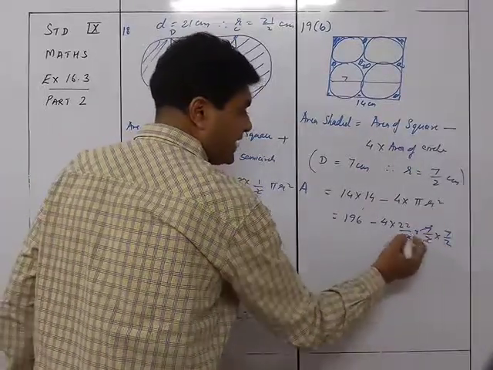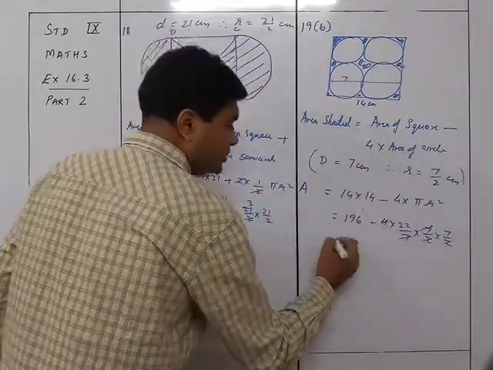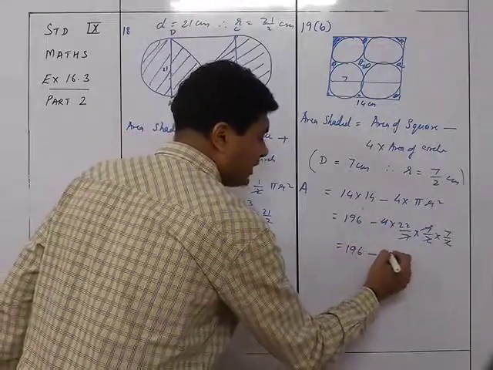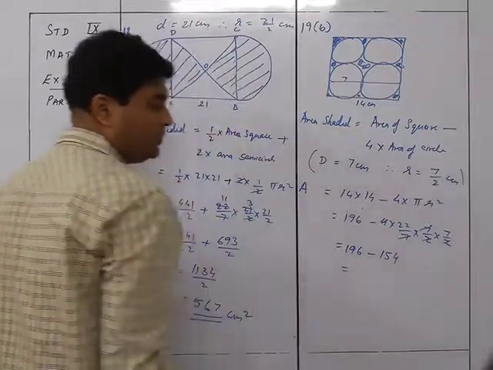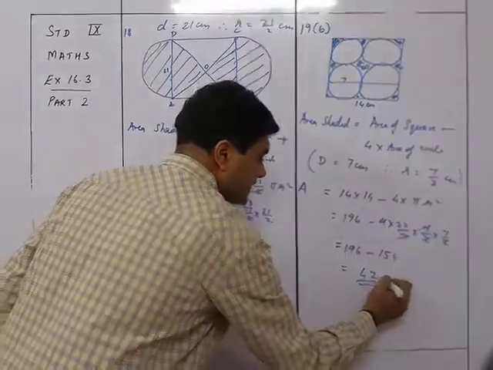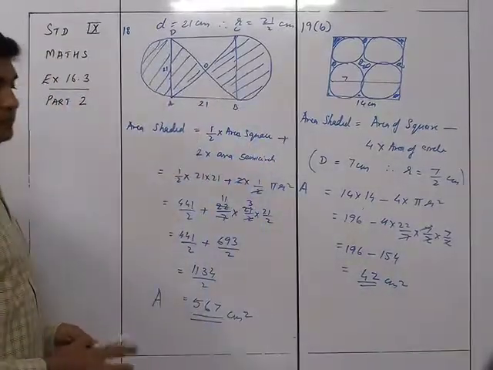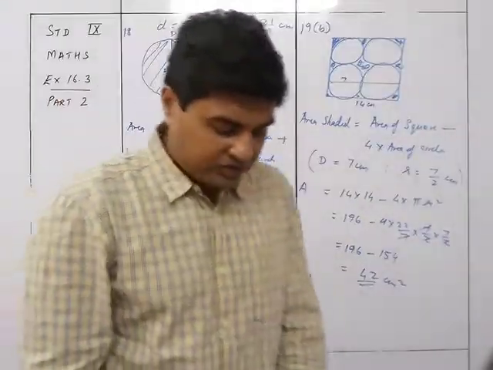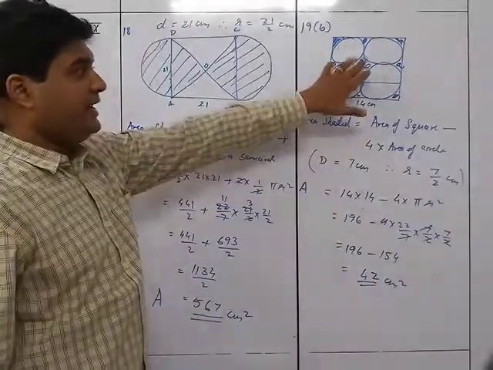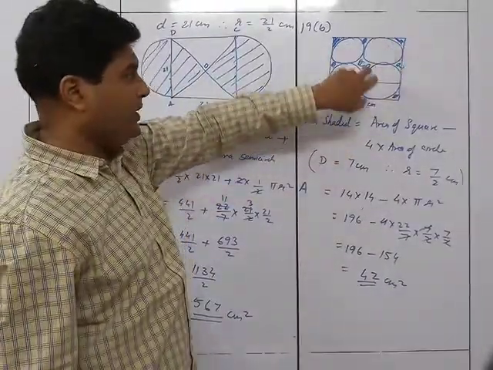So 7 can cancel, 4 gets cancelled here. So that is going to be 196 minus 154, that will be equal to 42 centimeter square. So the answer for sum number 19b is 42 centimeter square.